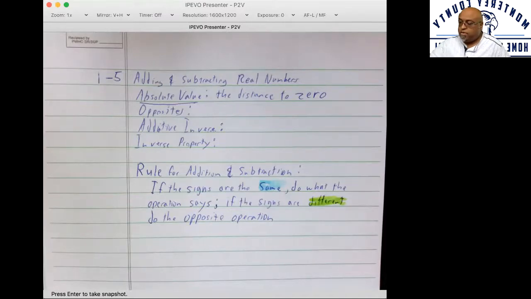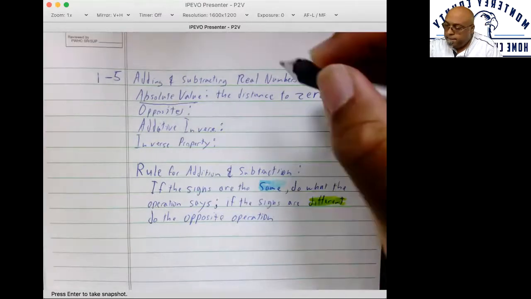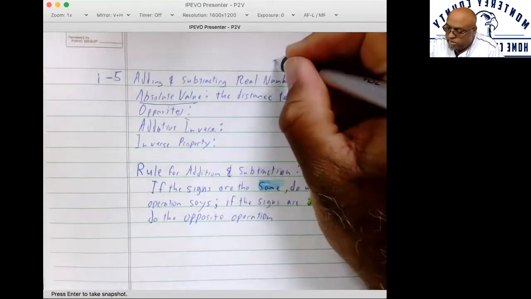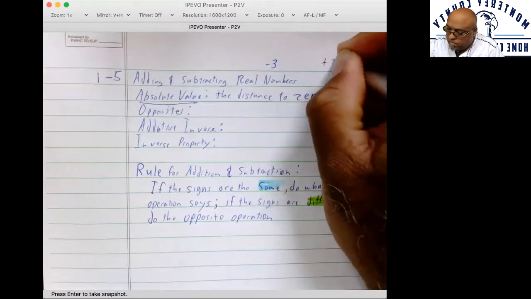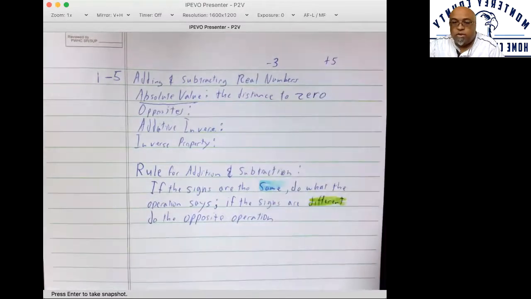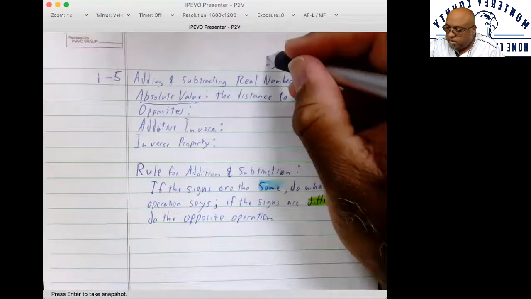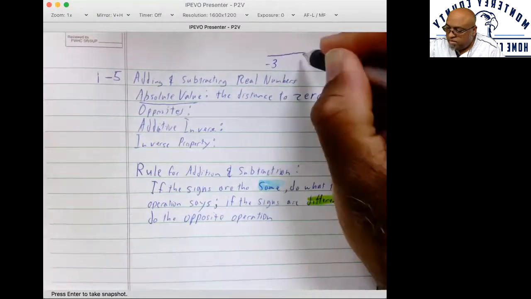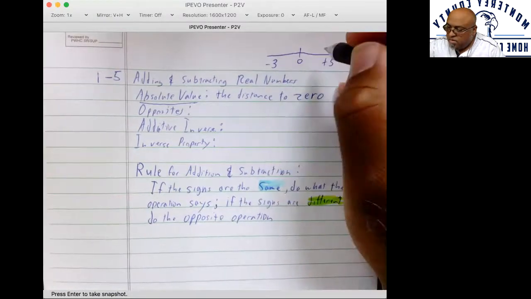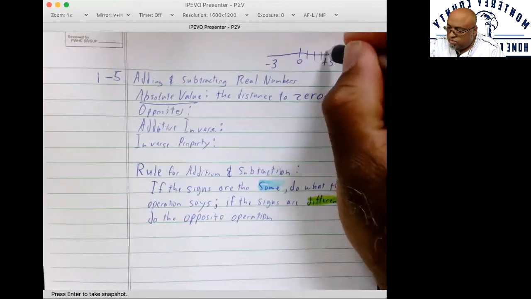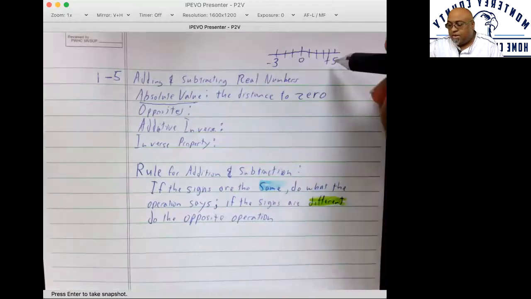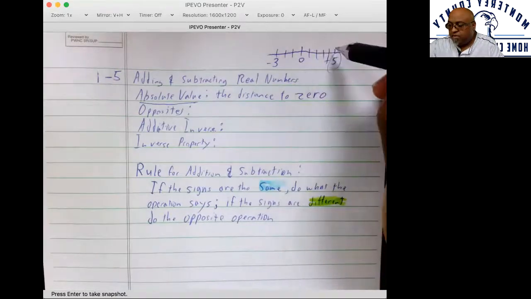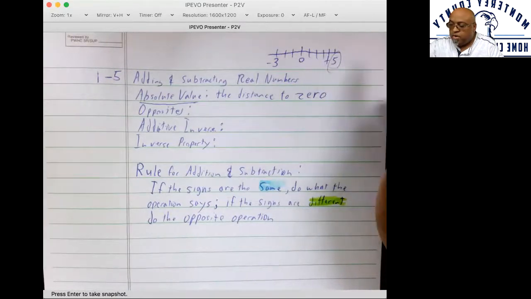Here, I could even show you quickly on a number line. Of course, I did them backwards. I meant to do +3 and -5. Well, anyways, 1, 2, 3, 4, 5. 1, 2, 3. You can clearly see that 5 is further away from 0 than 3.